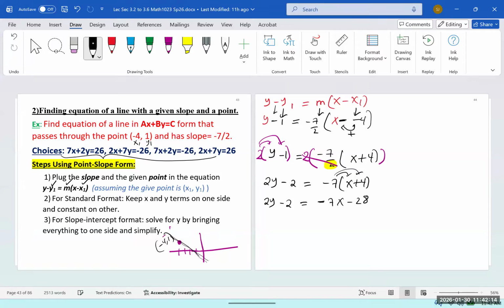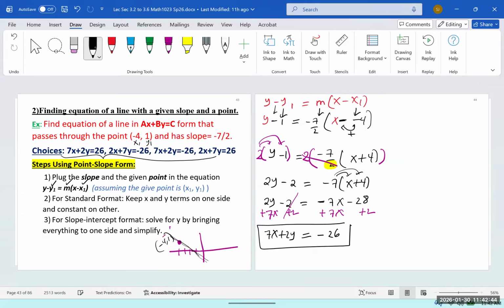The x term is negative, so we can add 7x to both sides. We get 7x plus 2y. That means this 2 is extra, so we get rid of that. And we get negative 28 plus 2, which gives us negative 26.